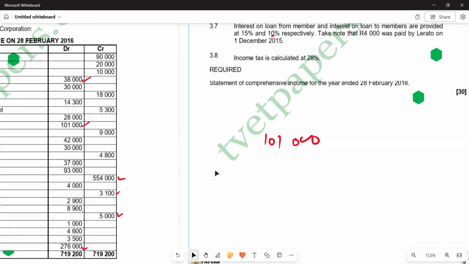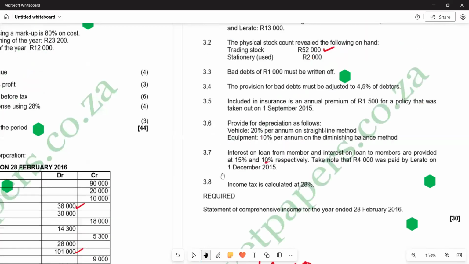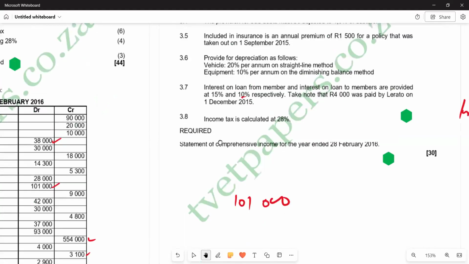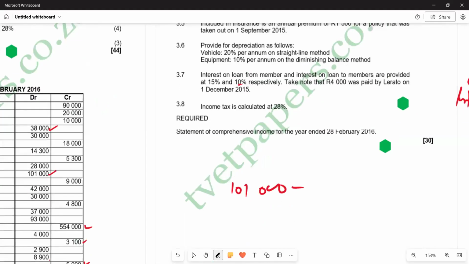But if you come to additional information, you'll see that we have bad debts of 1,000, which must be written off, which is supposed to reduce the figure for our debtors. So here we're going to say minus 1,000, and then we get 100,000.